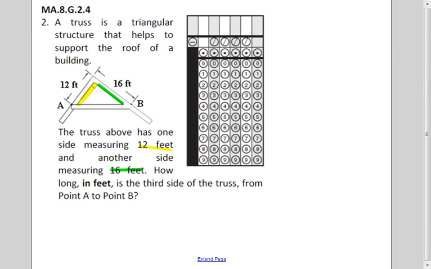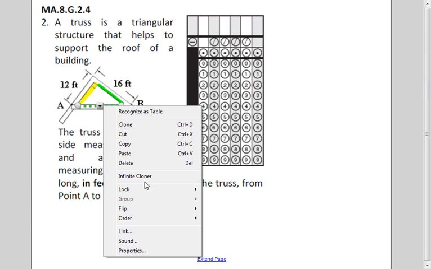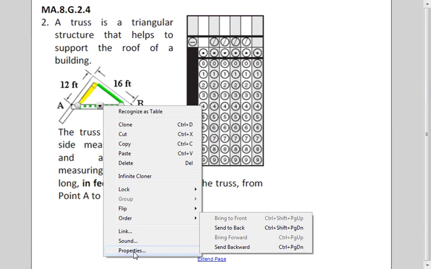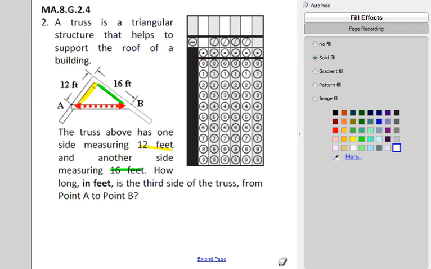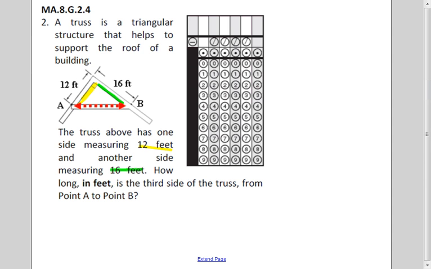They asked you for the length of AB, which would have then been the length of this side here. So that's what they're asking us for.